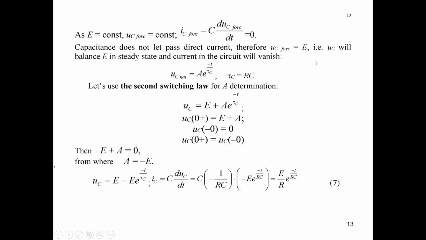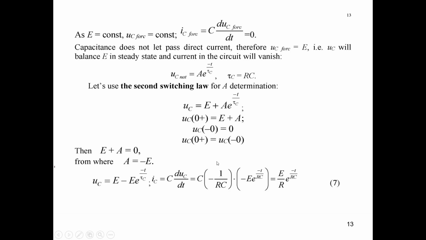It is here. Okay, so we write down this expression for the voltage drop across capacitance at t greater than 0, and as you see uC from minus 0 equals 0, and uC from 0 plus equals this expression at t equal to 0. It will be this EMF plus A multiplied by 1, because the exponential function at zero degree equals 1, unity.